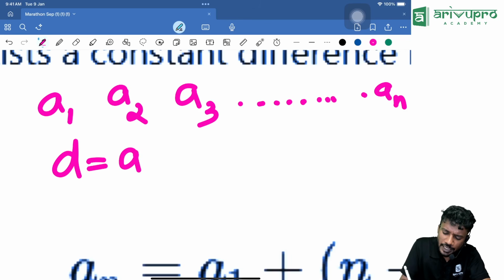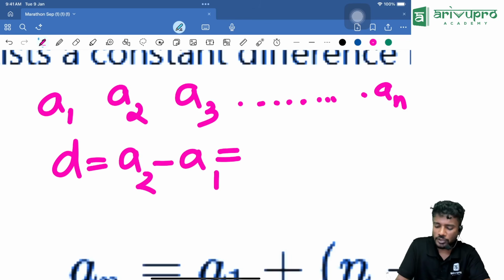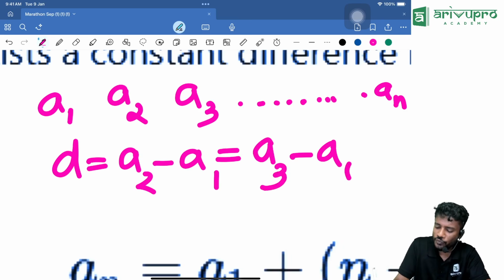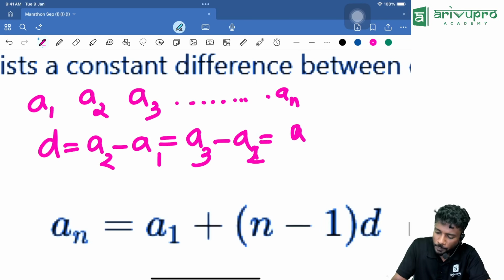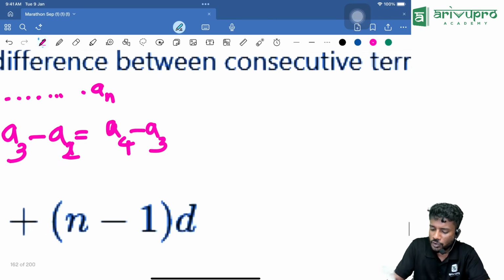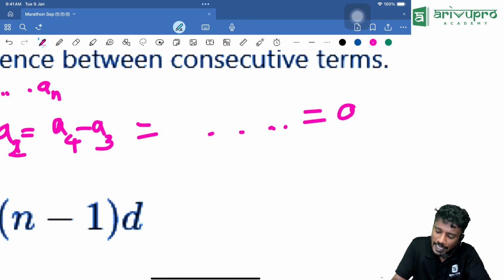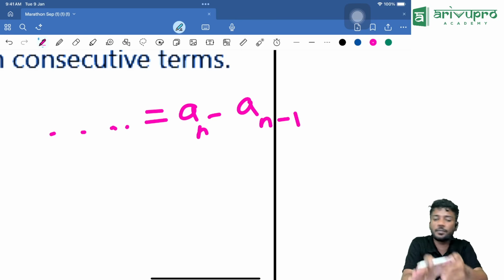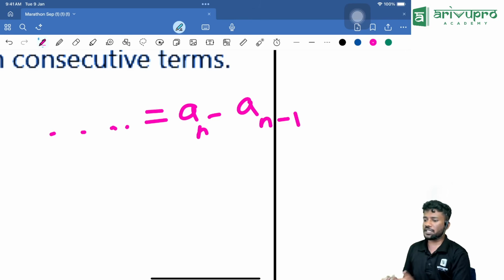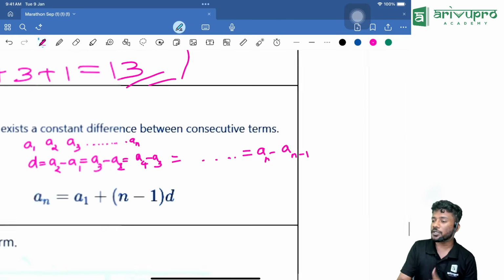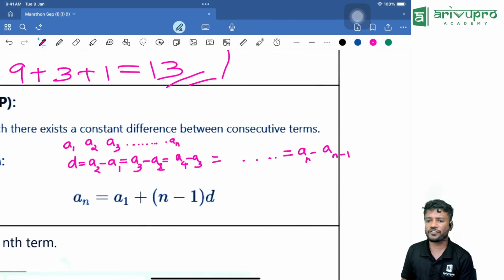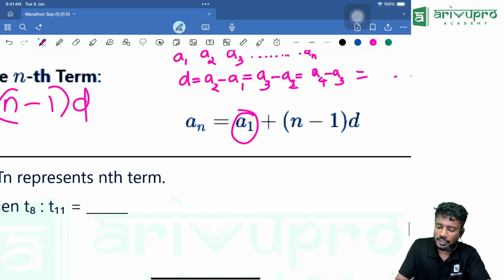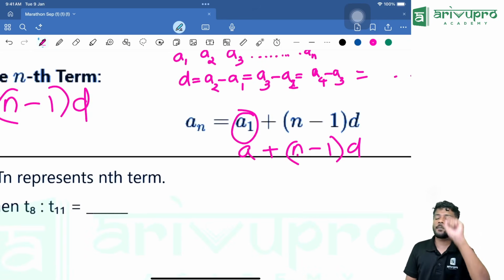D is equal to A2 minus A1, which is equal to A3 minus A2, which is equal to A4 minus A3, and so on, up to An minus An-1. The nth term and the term before it, if you take the difference, we will get the common difference. If it is not having a common difference, are they in AP? No, they are not in AP. So what is this An? That is nothing but our first term A plus n minus 1 into D. What is this n? Number of terms.